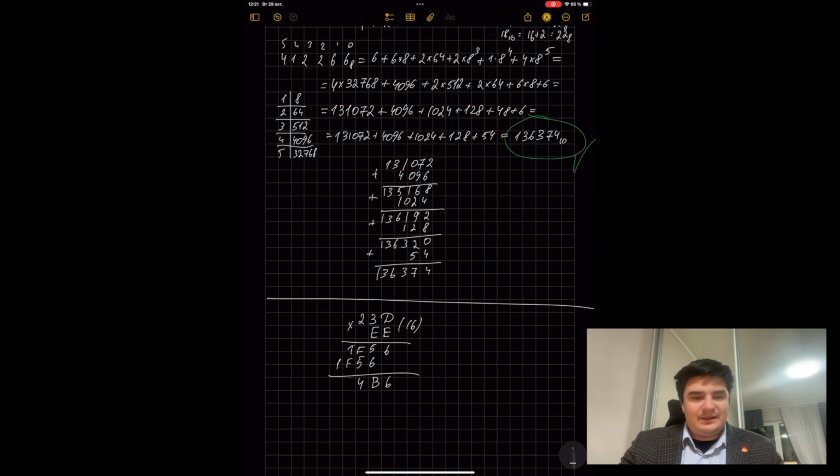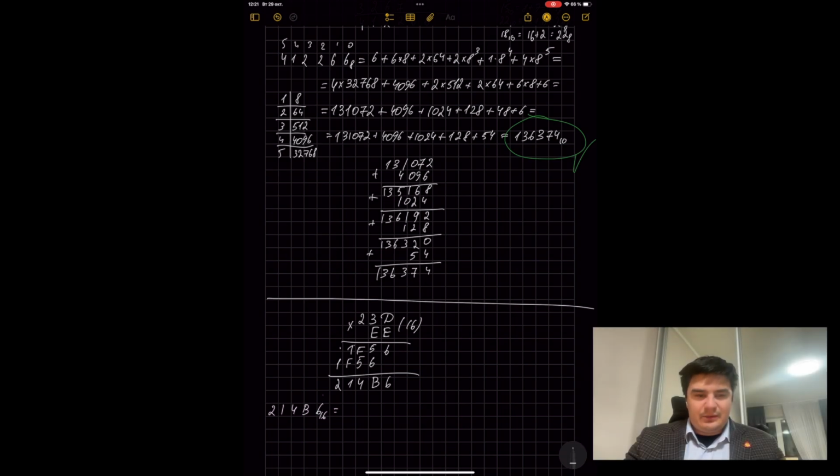Next, 1 plus F plus the 1 carried over gives 17, or 11 in hexadecimal. 17 is 1 times 16 plus 1. So we write down 1 and carry over 1. Lastly, 1 plus the 1 from the previous column gives 2. Thus, we obtain the number 214B6.